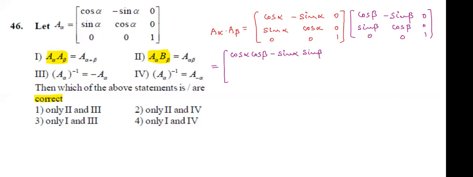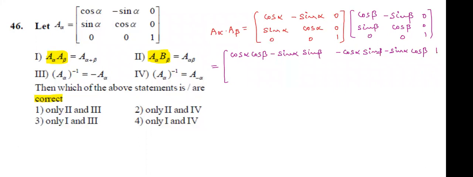First row, second column, cos alpha into minus sin beta, that means minus cos alpha sin beta, next minus sin alpha cos beta. And first row, third column, 0, 0, 1, so finally you get 1.